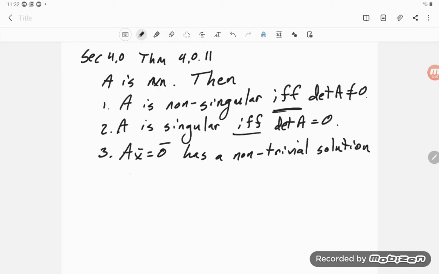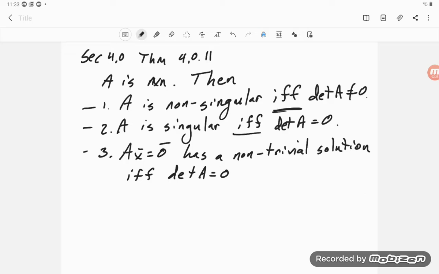Again, if and only if the determinant of A equals 0. And so as a consequence of everything that's been done in chapter 4, any of these three statements is equivalent to the other two. So if we know one of these, we know the others. And that's the point of that theorem.